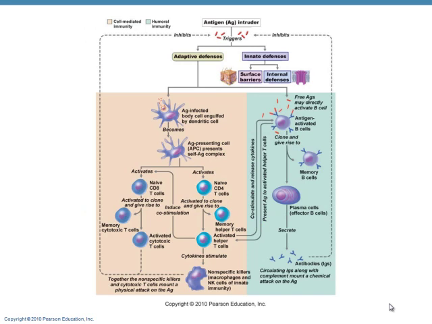Another wonderful diagram. This diagram sort of ties everything together. All of the players in an immune response are on this diagram. Do you see them all? Okay, so who are the players? We have adaptive versus innate immunity, specific versus non-specific. We have our antigen-presenting cells. We have our surface barriers, hopefully preventing anybody getting in. And then we have internal defenses like, what's that complex there?